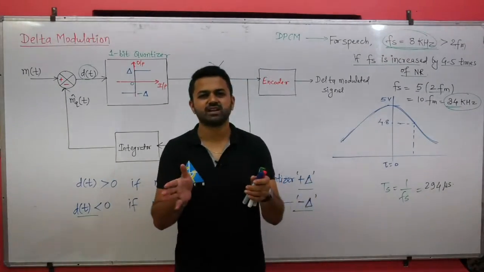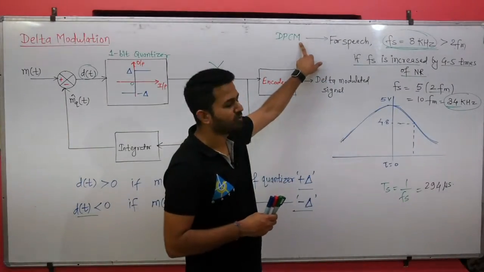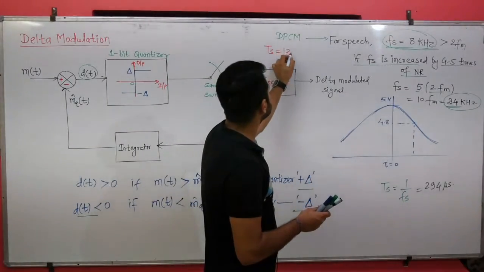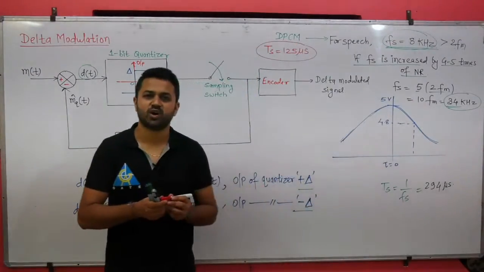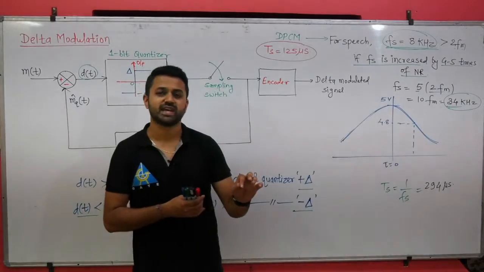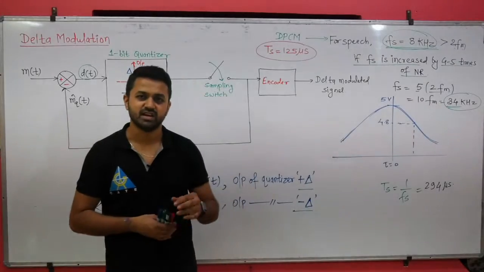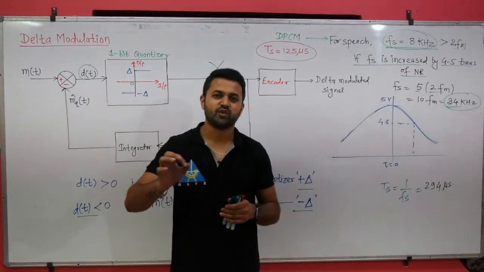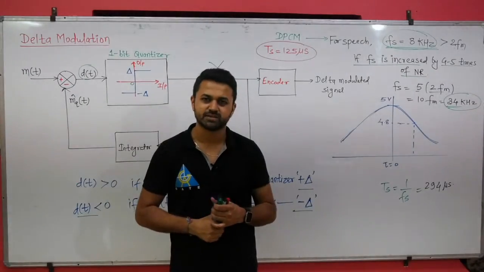The sampling interval gets reduced. In differential pulse code modulation, the sampling interval was 125 microsecond, but in delta modulation you are taking the samples every 29.4 microseconds, suppose 30 microseconds. So you are taking the samples faster than in differential pulse code modulation.